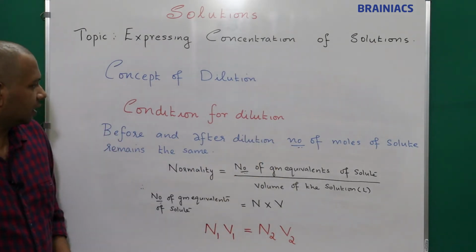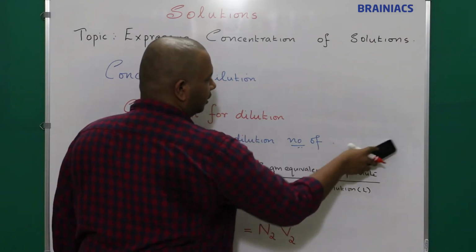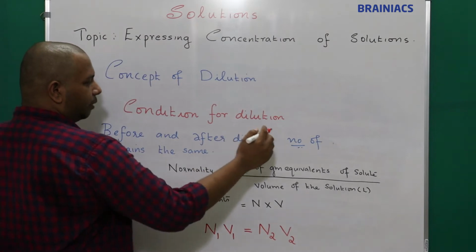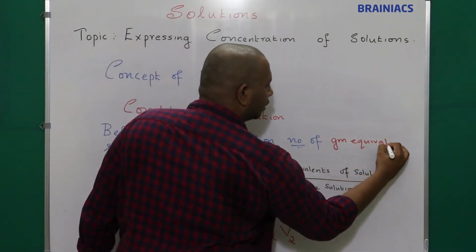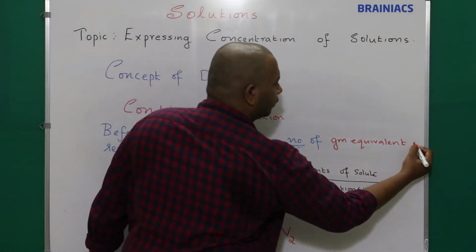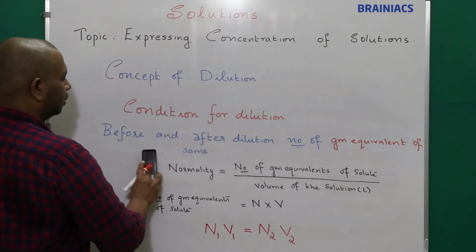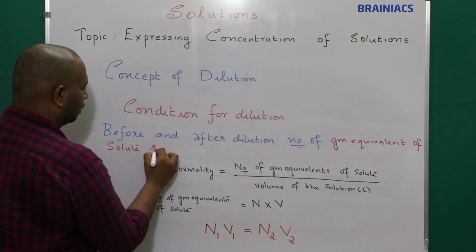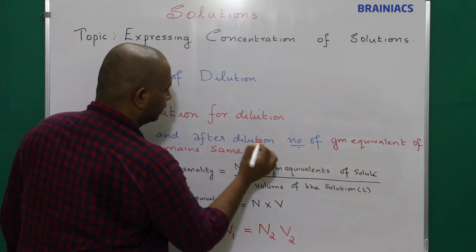Here I am just confirming what remains the same before and after dilution. Since I am representing it in terms of gram equivalents of the solute, the number of gram equivalents of the solute remains the same.